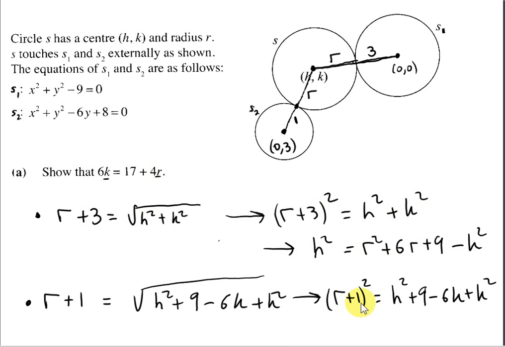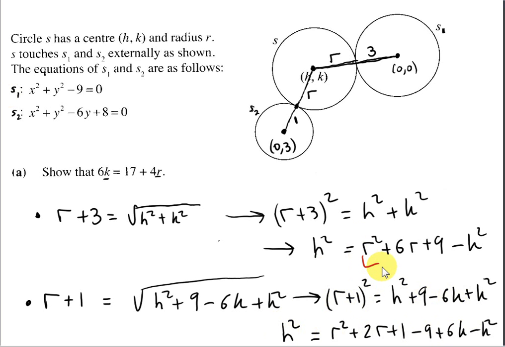I'll square this out, and I'll get h squared as the subject. So if I square this out, we get r squared plus 2r plus 1, and then we shift everything else over, so we get a minus 9 plus 6k minus k squared. So basically I've just brought 9 minus 6k plus k squared over to the other side, squared this out, and then I've just turned it around so h squared appears on the left.